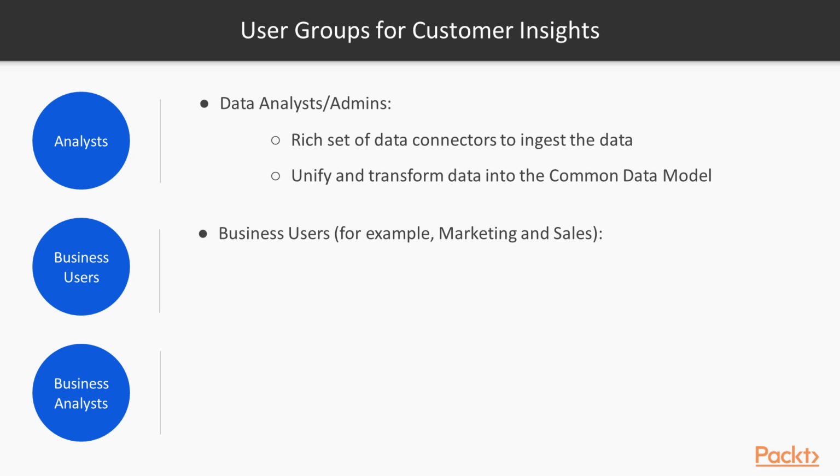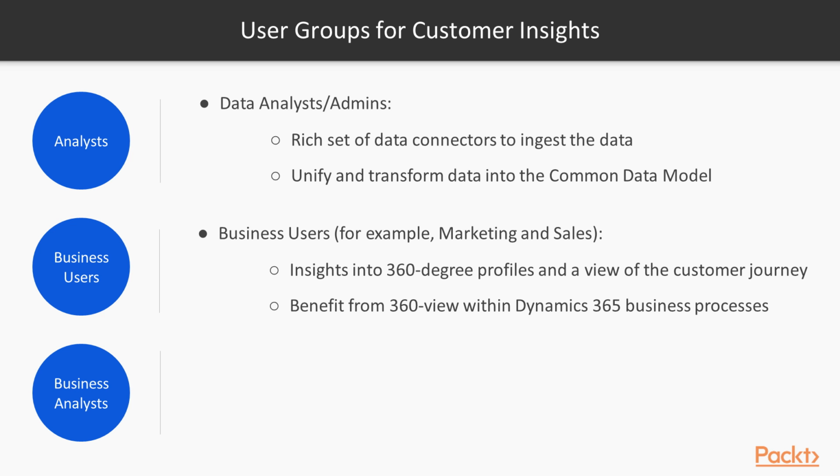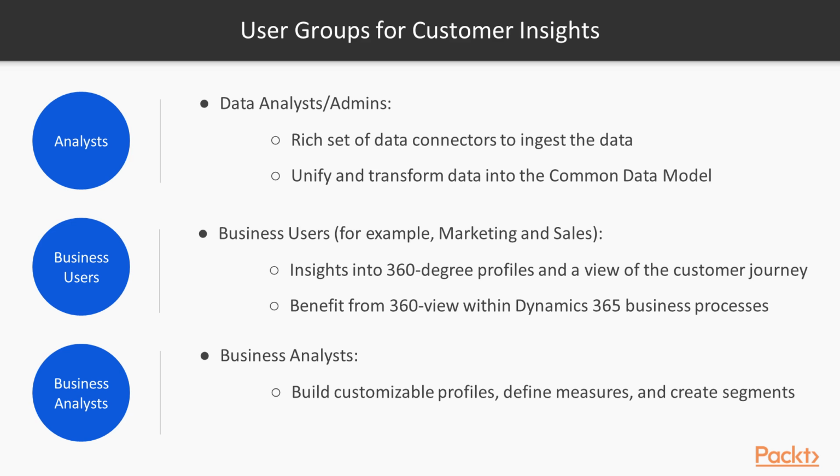We'll have our business users, such as marketing and sales, and they'll be really interested in being able to get this 360-degree view of the customer. And we have business analysts who can use this data to build customizable profiles, define measures, and create segments. And they'll also be able to use connectors to bring this data into applications or BI solutions such as Power BI.